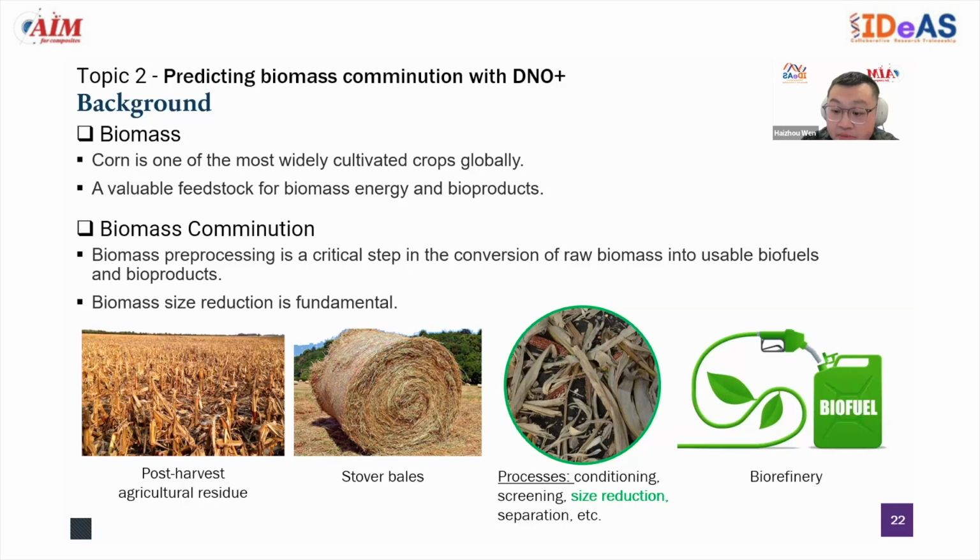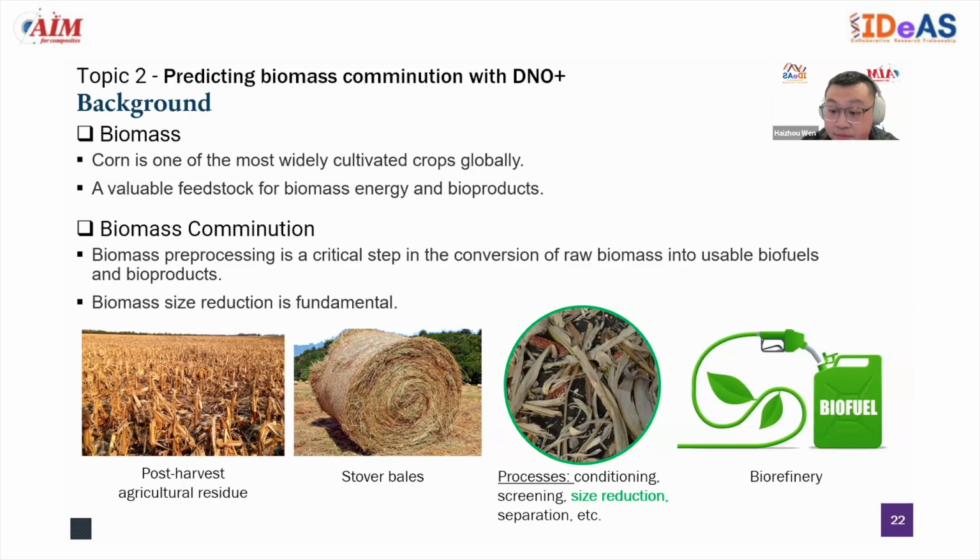But before biomass can be transformed into very useful fuels or chemicals, it needs to go through several pre-process steps. And one of the most critical steps is size reduction. So why is this process so important? Because raw biomass like corn stalk is bulky and difficult to process directly.